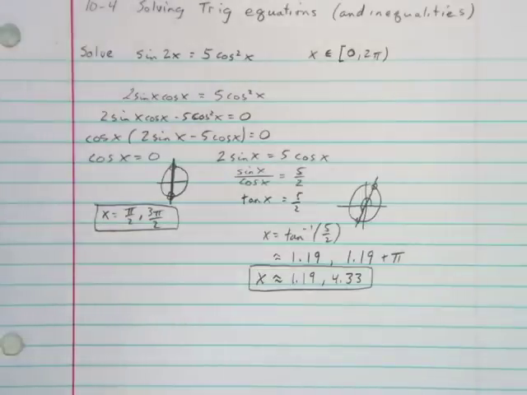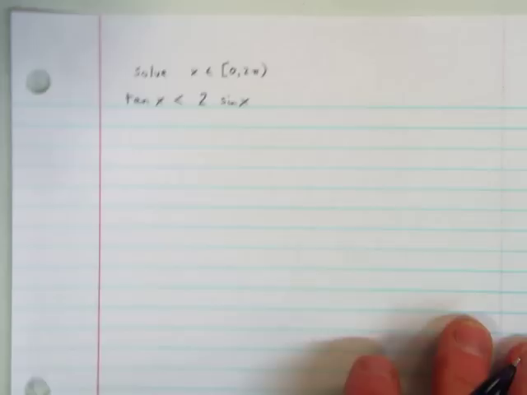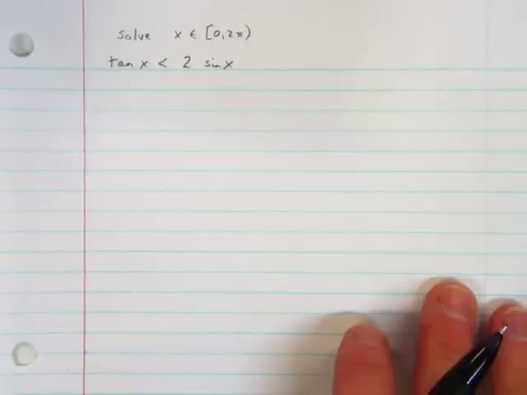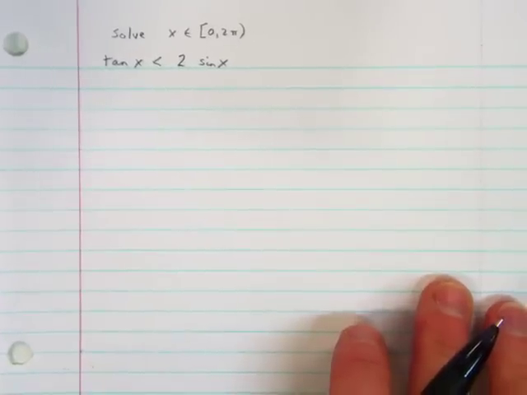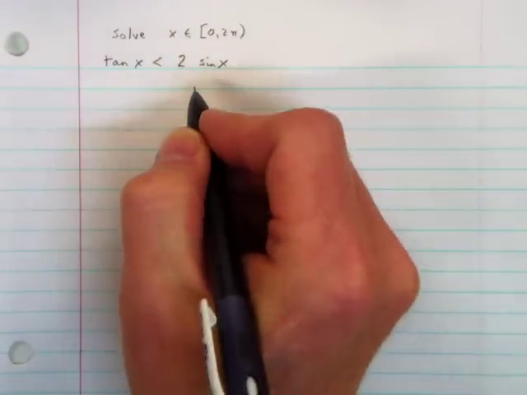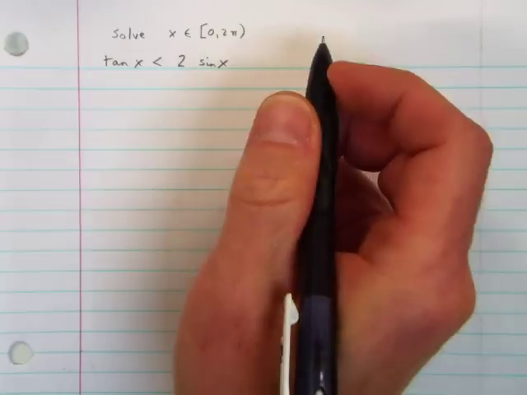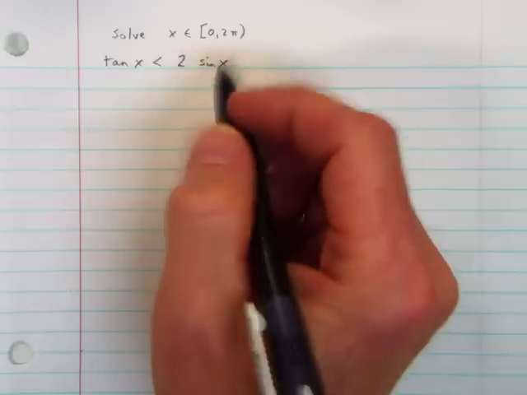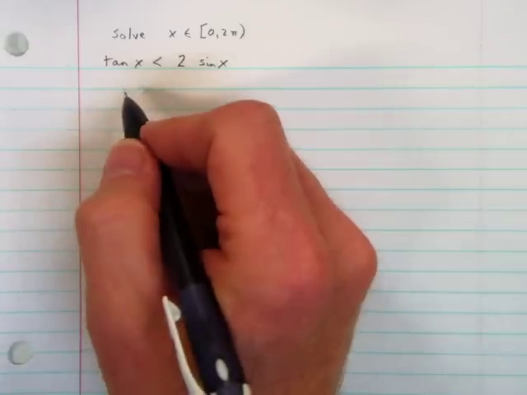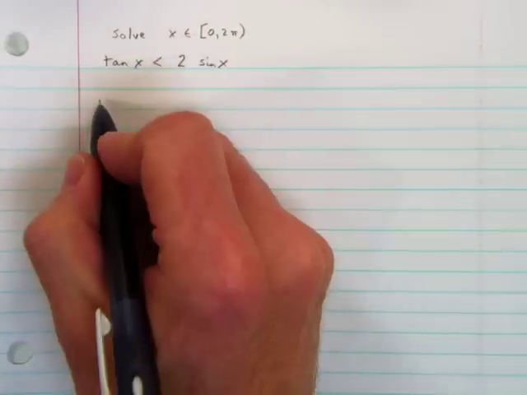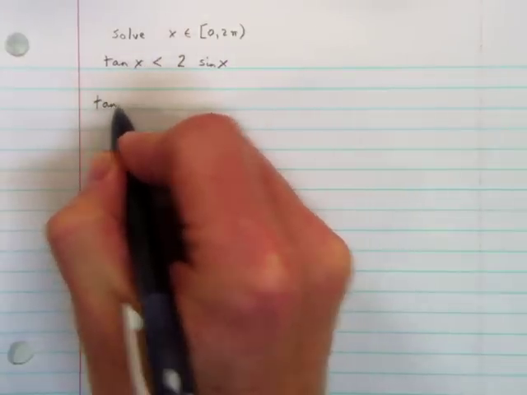Now also in this section we have inequalities, and let me solve a problem dealing with an inequality as well. So what we want to do is move it so it's on one side. It doesn't matter which side you want to have it on. Just because, I'll move it over here to the left side.